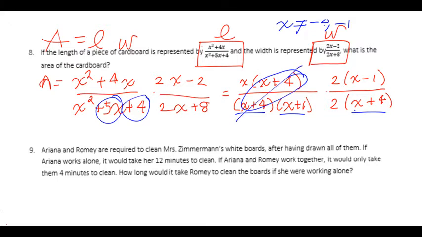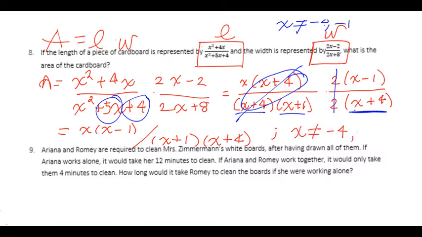There's an additional x plus 4 right here, but that's not part of a pair, so we're not going to cancel it. I do see another pair, the 2s, and those cancel. That leaves me with x times x minus 1 over x plus 1 and x plus 4, with restrictions x can't equal negative 4 and negative 1.